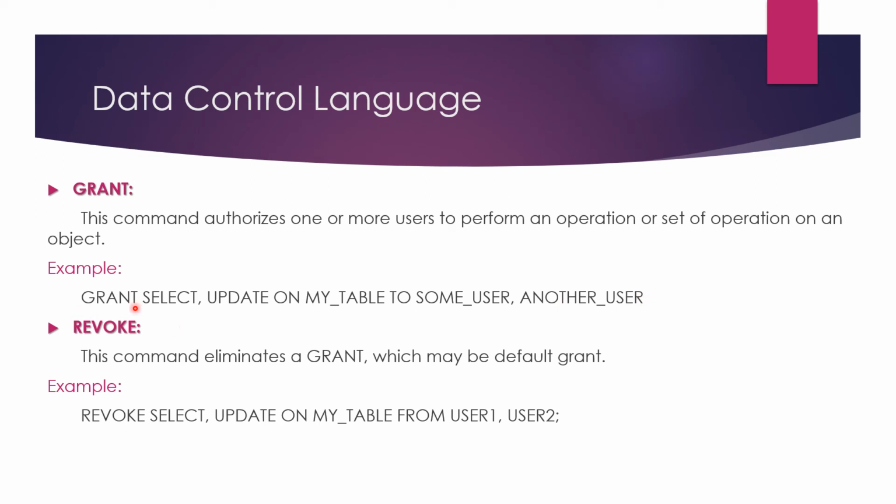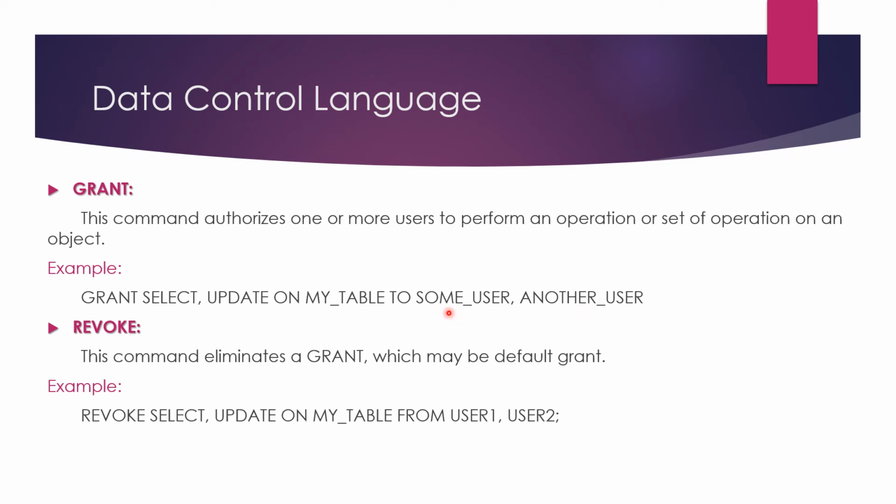Here grant is the keyword of the grant query, and select and update are nothing but the select query and update query. On my table, my table is the table name. To some user and another user, these are the names of the users. The username may not be the same in all cases.